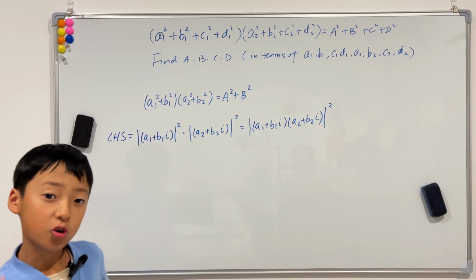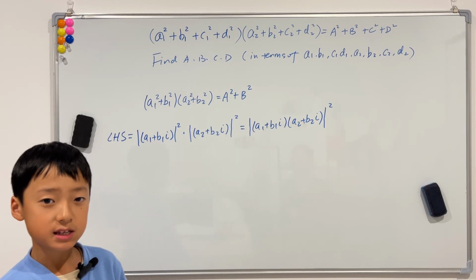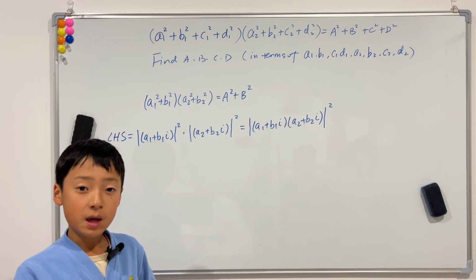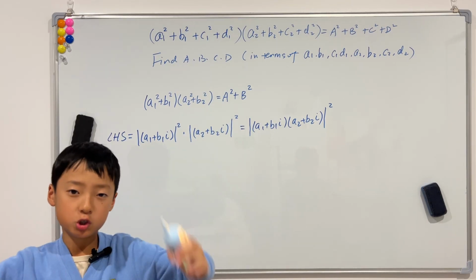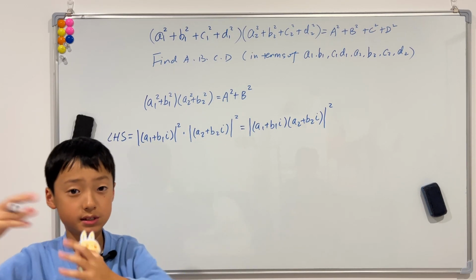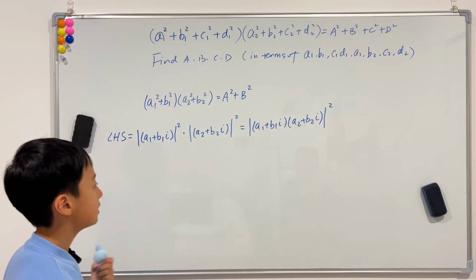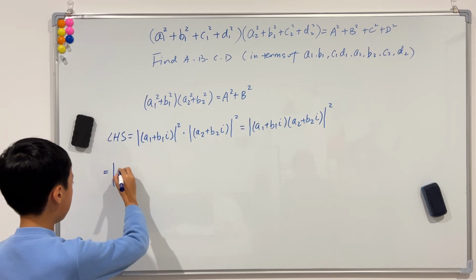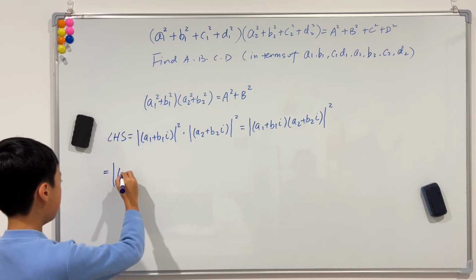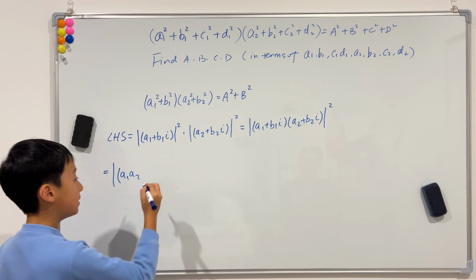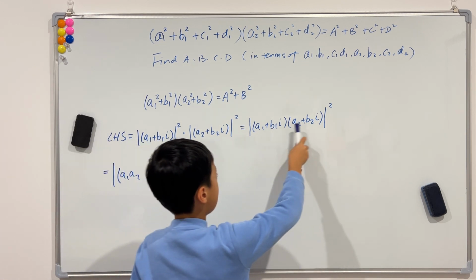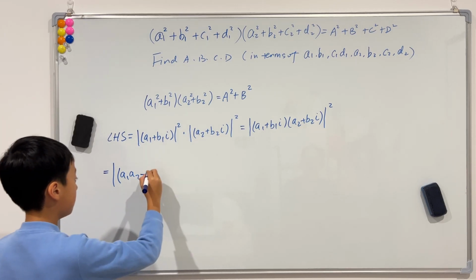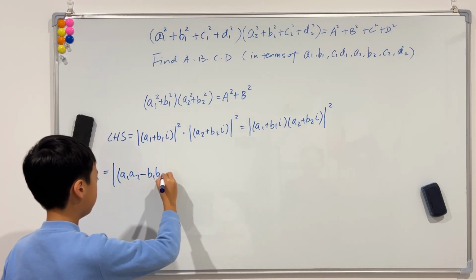Okay, so how does it help? Well, this actually helps a lot because if we can split it into its real and imaginary parts, won't that be something plus something? And when you take the modulus squared, it will be that squared plus this squared, right? So if we separate it into its real and imaginary forms, the real part is obviously a1 a2, but then it's b1i times b2i, and i times i is -1, so it's minus b1 b2.